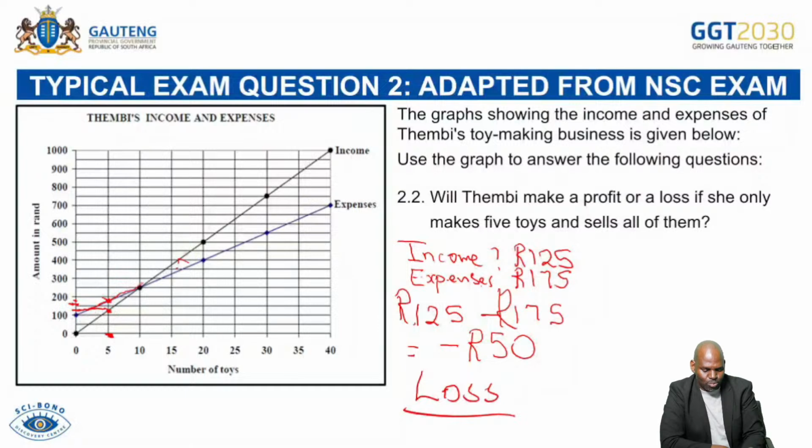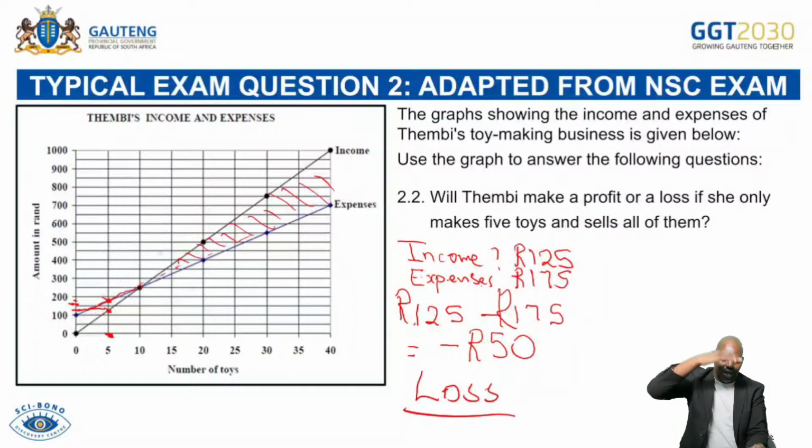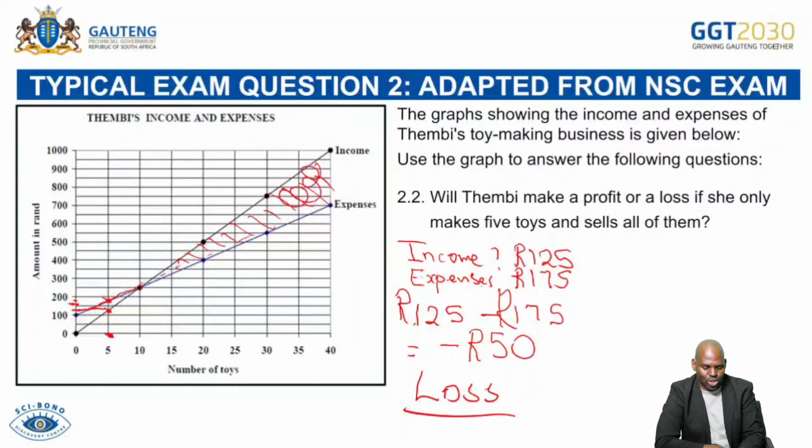And then if you look at this part, from this point going to the right hand side, you can see that the graph of income is now above the graph of expenses. So if the graph of income is above the graph of expenses, it simply means that is where a profit is.